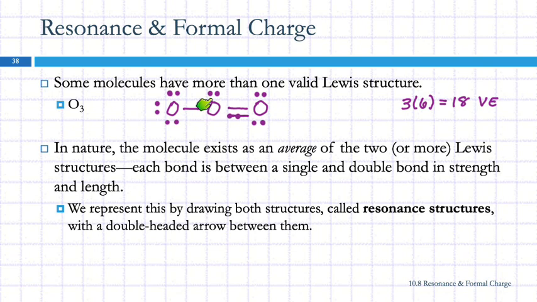If this oxygen takes a lone pair and shares it with this other one, it still has an octet. It's not like it's really losing anything. Right? So now this one still has an octet, 2, 4, 6, 8. This one is 2, 4, 6, 8. And this one is 2, 4, 6, 8.